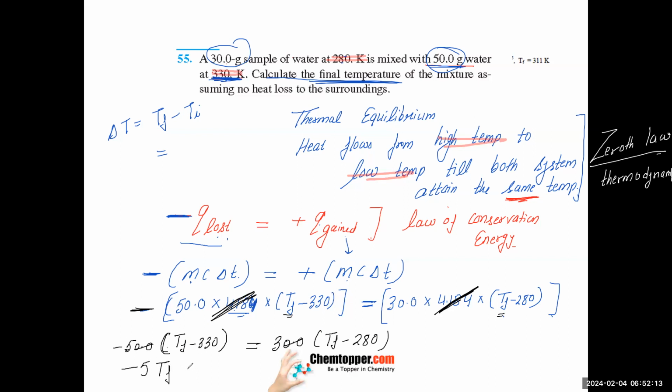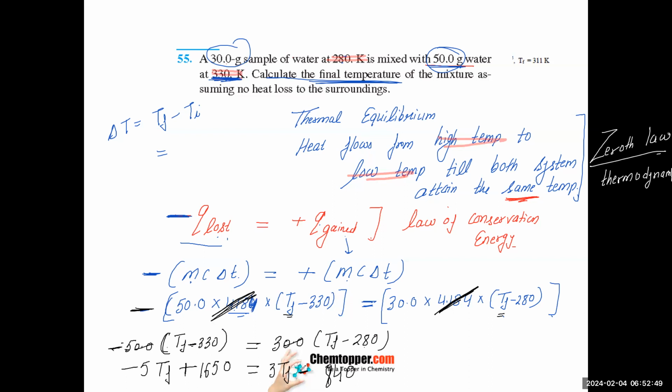Minus 5TF, minus minus will become plus, this minus plus 0, 1650, right, is equal to 3TF minus 28 multiplied by 3, 840.